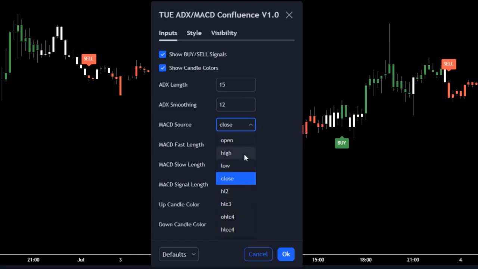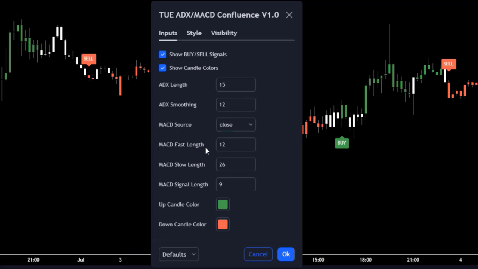However, you have the flexibility to experiment with different options such as open, high, low, or even other custom price components. For our strategy, we will stick with the default option and use the closing prices. The closing price is a widely used and reliable data point for MACD analysis. It provides a comprehensive view of the asset's price action and is suitable for most trading scenarios.